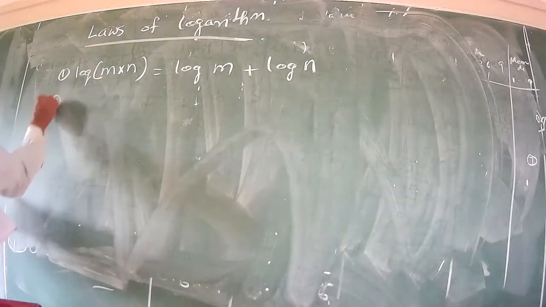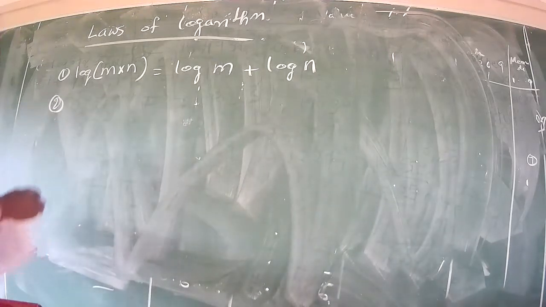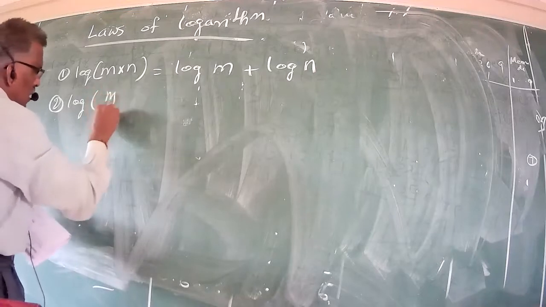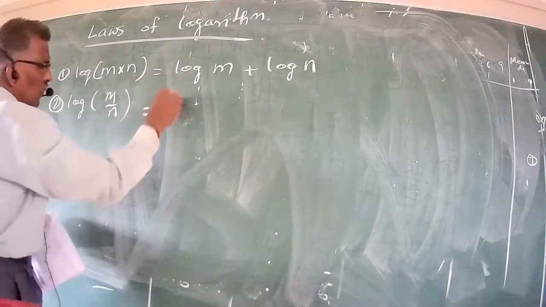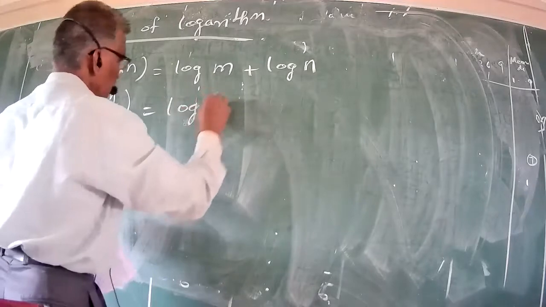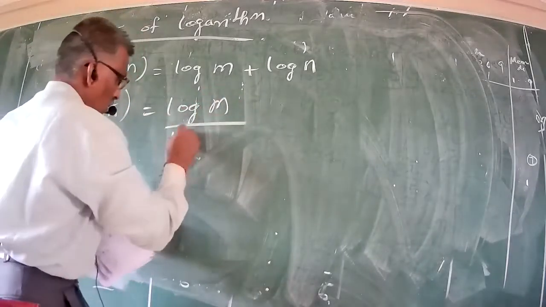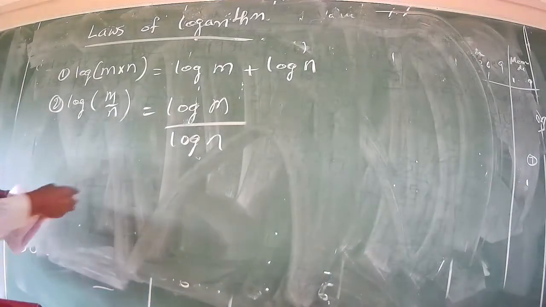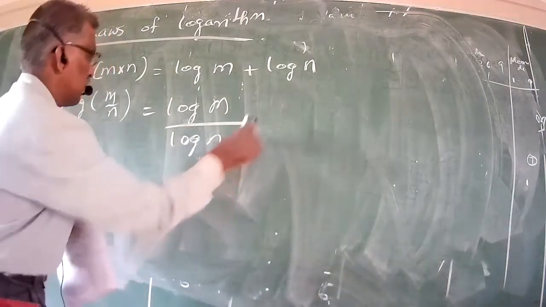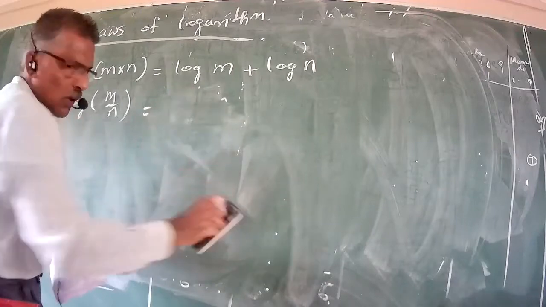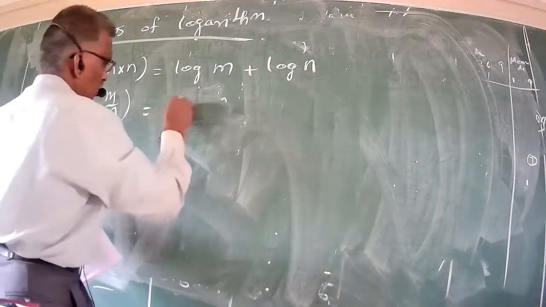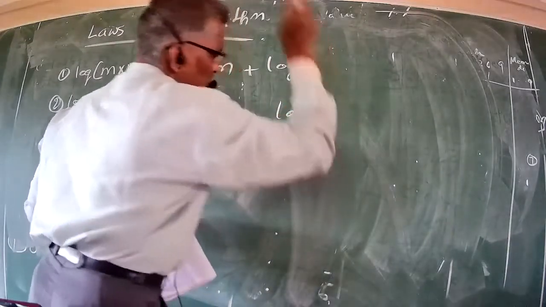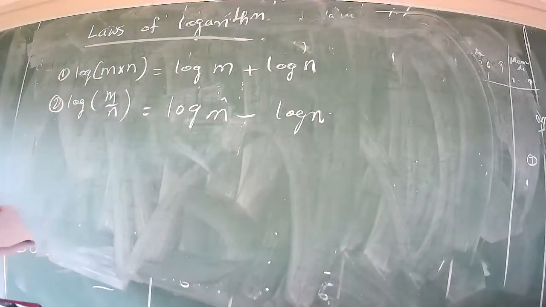Next, the second law is log of m divided by n equals log of m minus log of n.